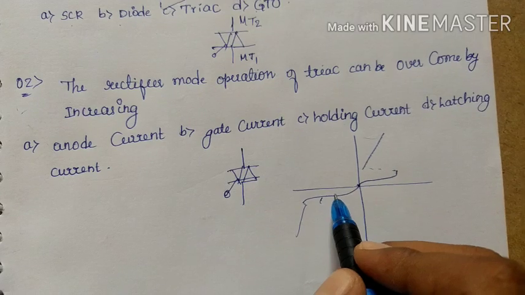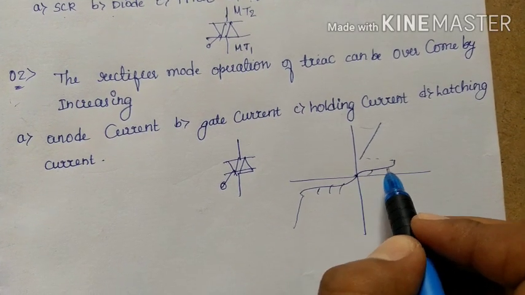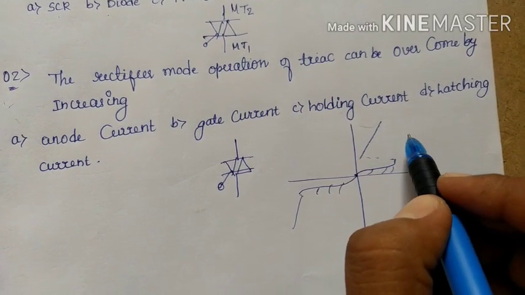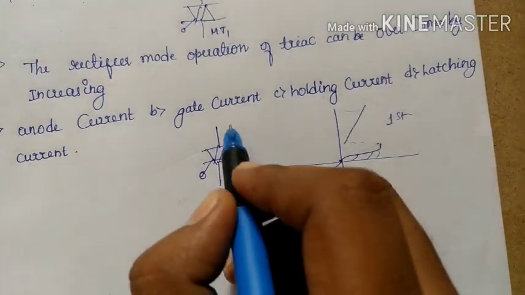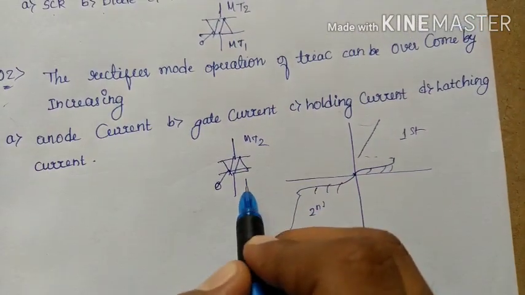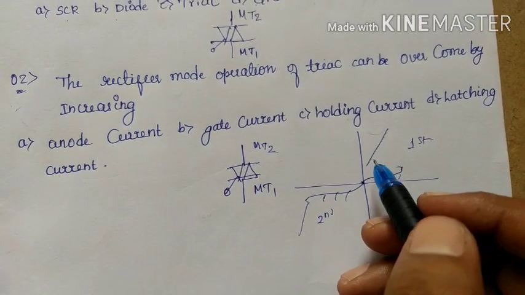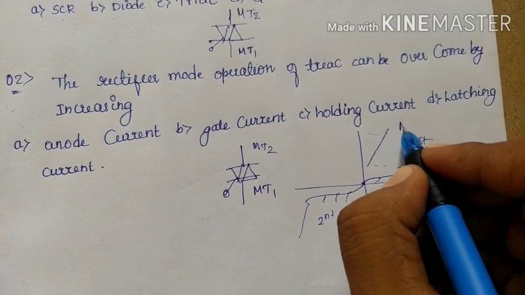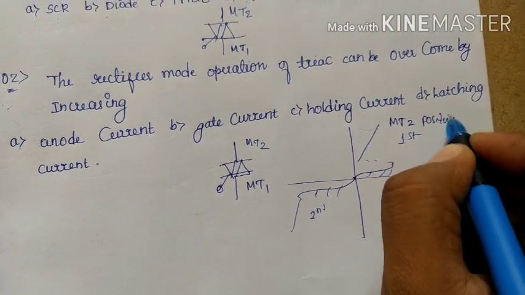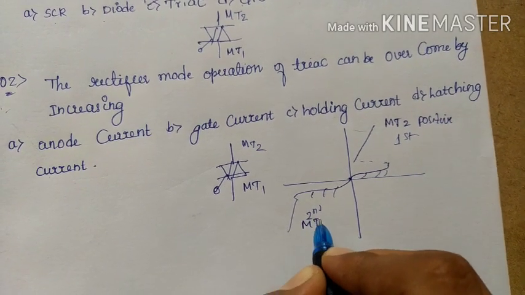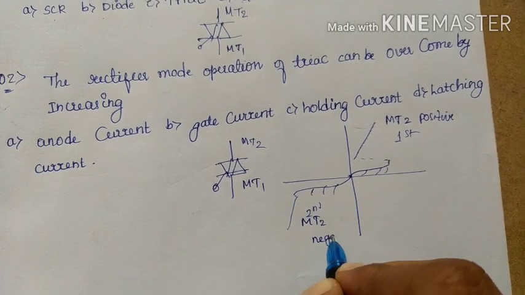Here will be the gate currents which we are going to give. This is the first quadrant and this is the second quadrant. This will be MT2 and this will be MT1. Here MT2 will be positive, here MT2 will be negative.